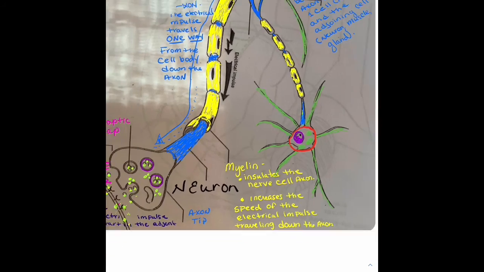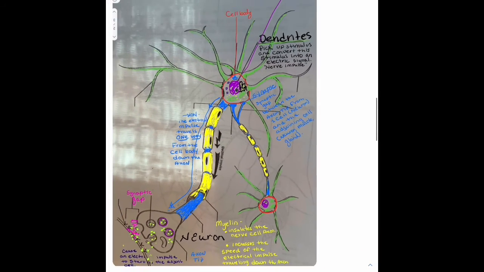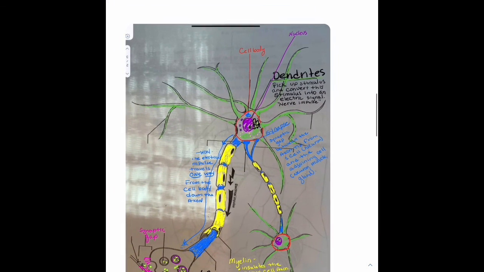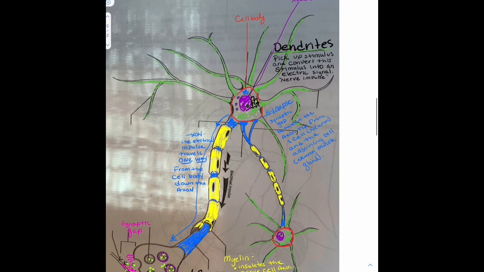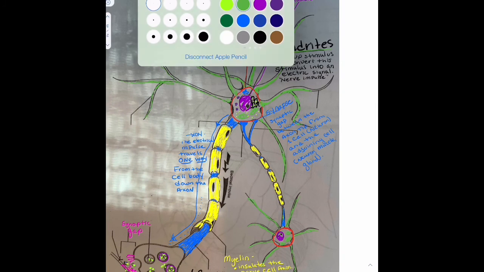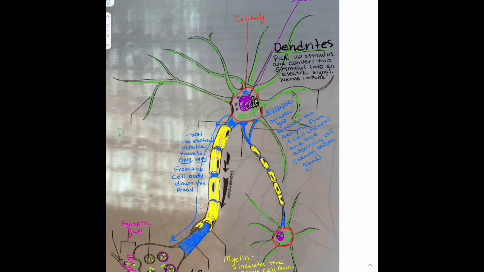Okay, so let's have a look at what we got. All right, so let's just make sure we've labeled everything. So we've labeled our dendrites, our tree branches. The dendrites receive electrical stimuli. That electrical stimuli goes one direction. It goes to the cell body. The cell body then transmits that stimuli, passes it on to the axon.